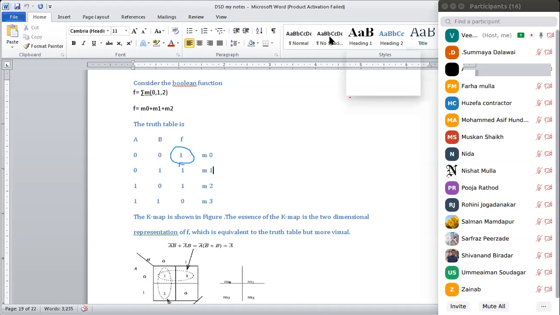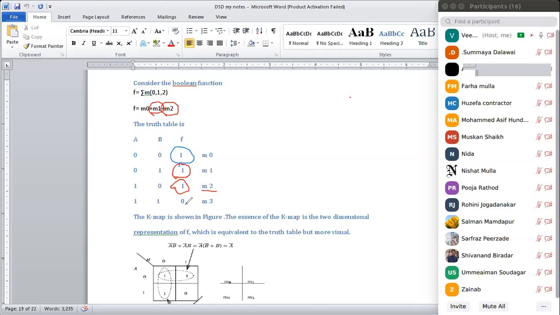Then m1 is there, so I will write 1 in place of m1. m2 is also there, so I'll write 1 for m2.